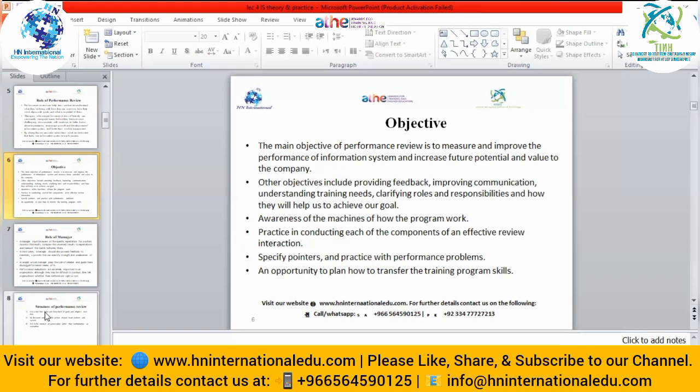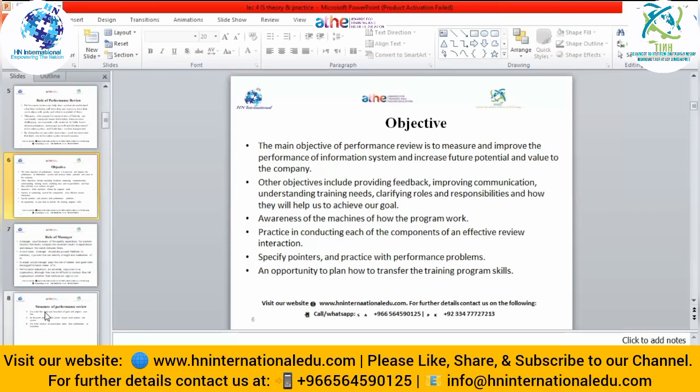If we are changing the machines or using new machines, we have to be aware of how the machines work or how we are going to program them, and we have to tell all these criteria to our team members. We have to practice conducting each of the components of an effective review interaction.